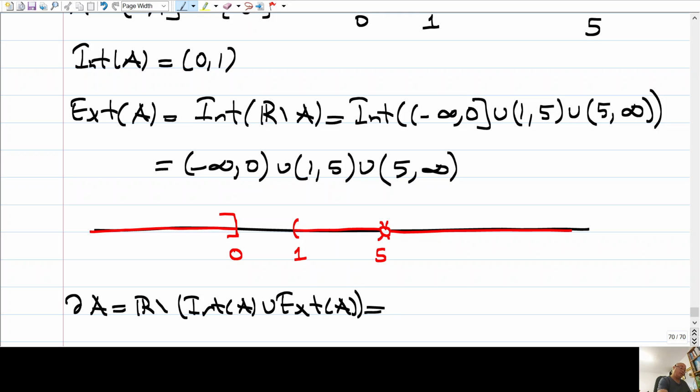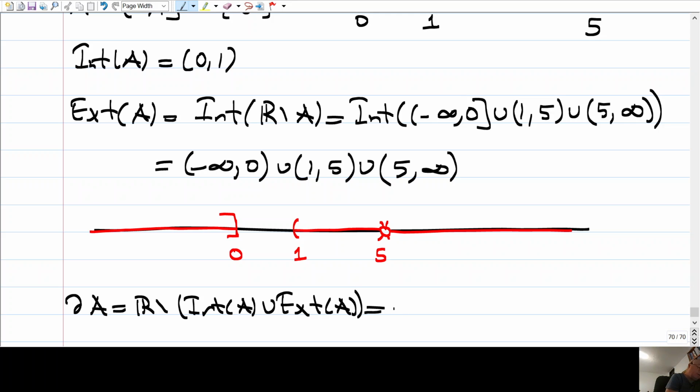Okay. Well, you see, 0 is not here and is not here. So 0 should be in the boundary. Similarly, 1 is not here and 1 is not here. So 1 should be here. And 5. 5 is not here and 5 is not here.